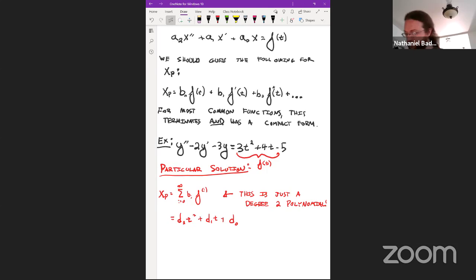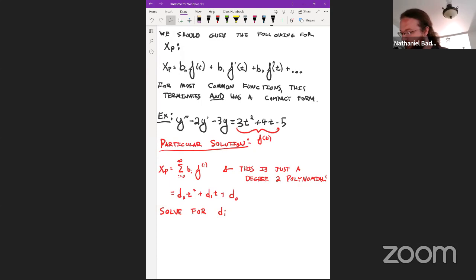Okay, so now let's solve for it. This is a little bit tedious and requires an argument that some people may be more or less comfortable with, but it's a very common argument, so I do want to go through it. In order to solve for this, we have one equation here.